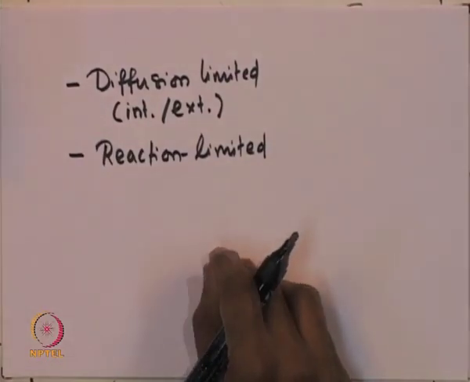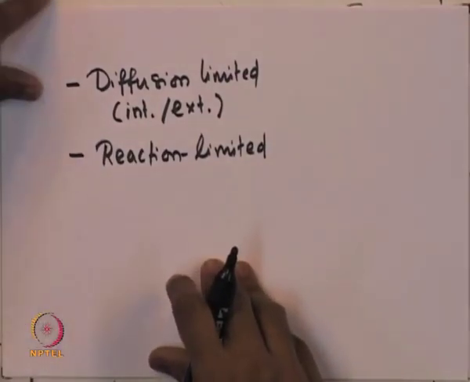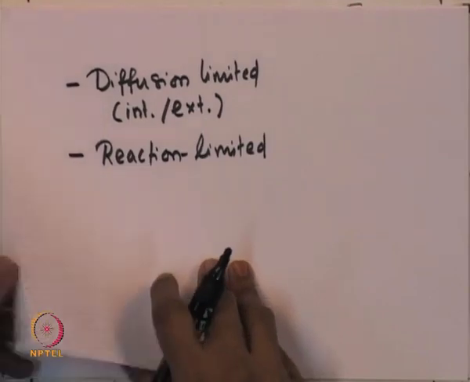So, as a first step we will look at the Weisz-Prater criterion, which is often used in industry to identify whether the reaction is internal diffusion limiting.